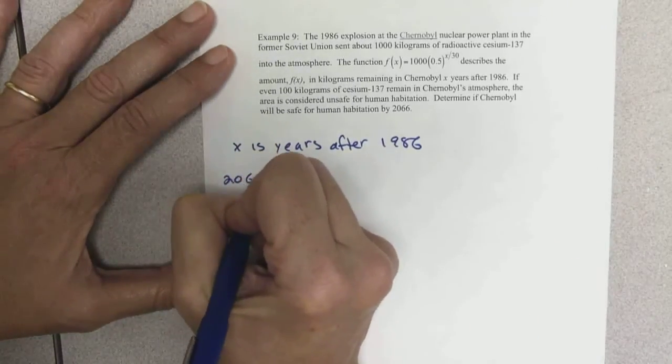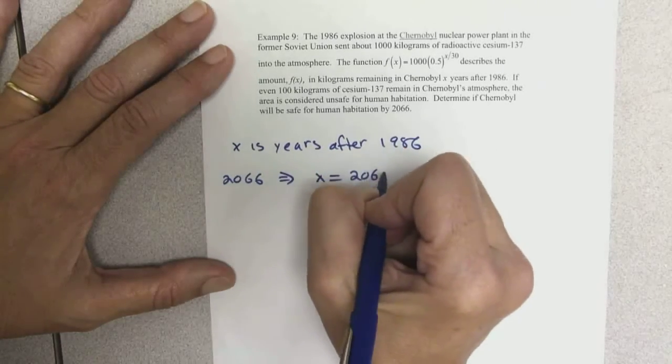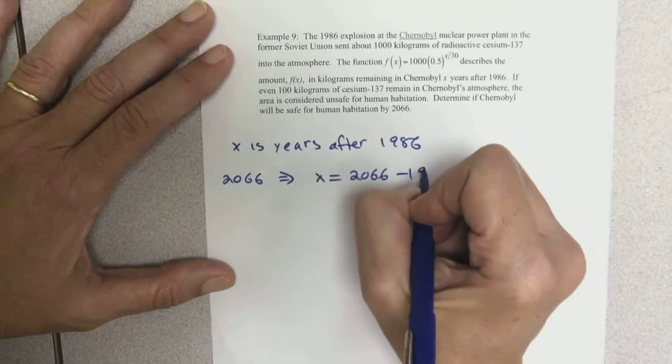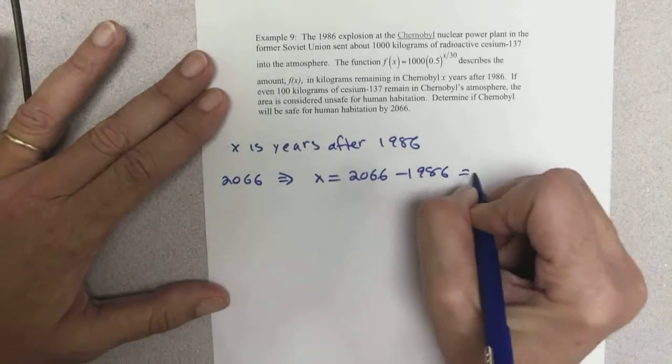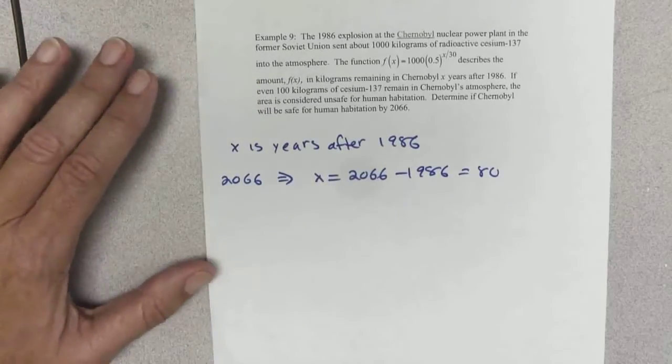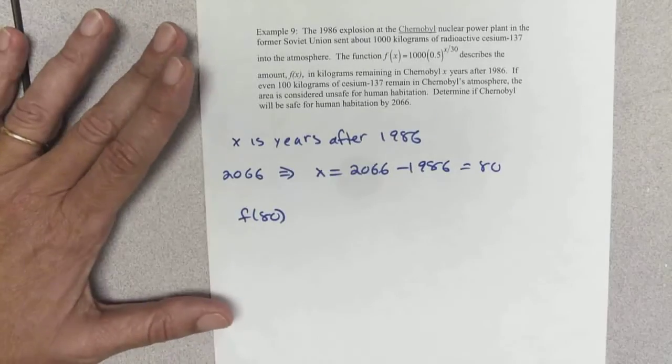So 2066 would be x equals 2066 minus 1986. And not trusting my brain today, we'll just actually ask the calculator what that is. That is 80. So we want to know what f of 80 is.